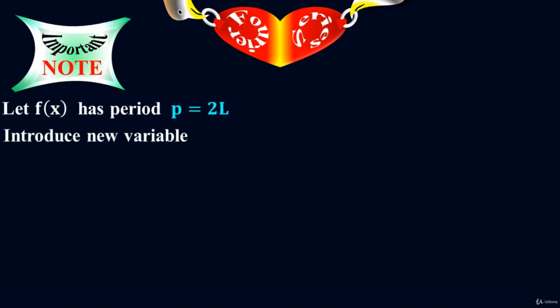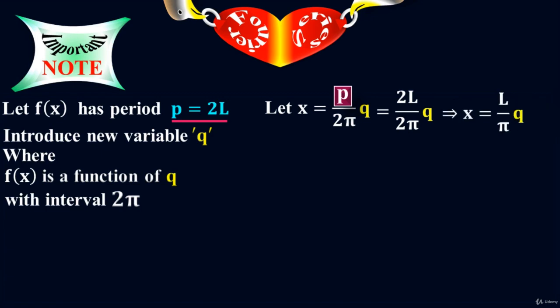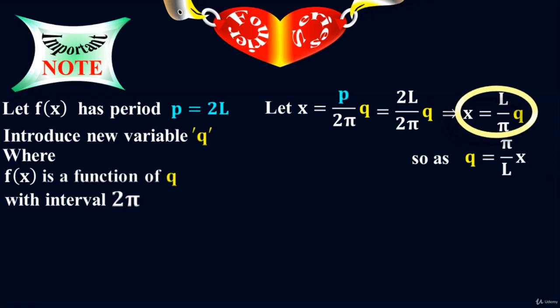I'm going to introduce one new variable which is q, where f of x is a function of q with interval 2 pi. So let me take x equals p over 2 pi times q. The value of p is 2L here. Simplify it further and I have x equals L over pi times q. So I can write q equals pi over L times x.